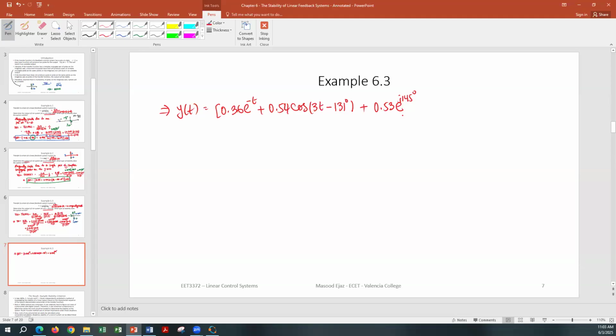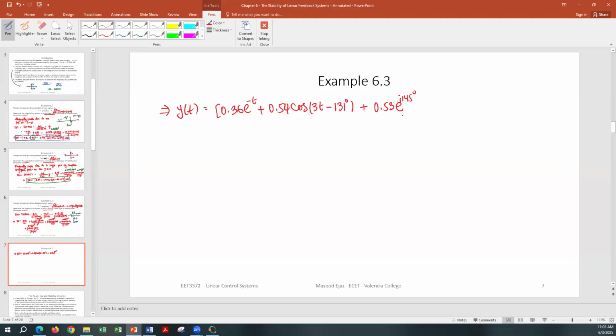The phase is going to be arctan of y over x, so sine 145 over cosine 145, the tangent inverse of tangent of 145.